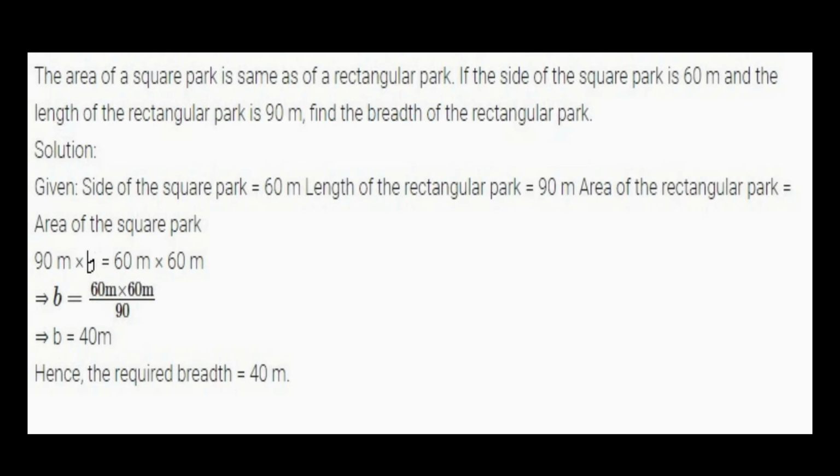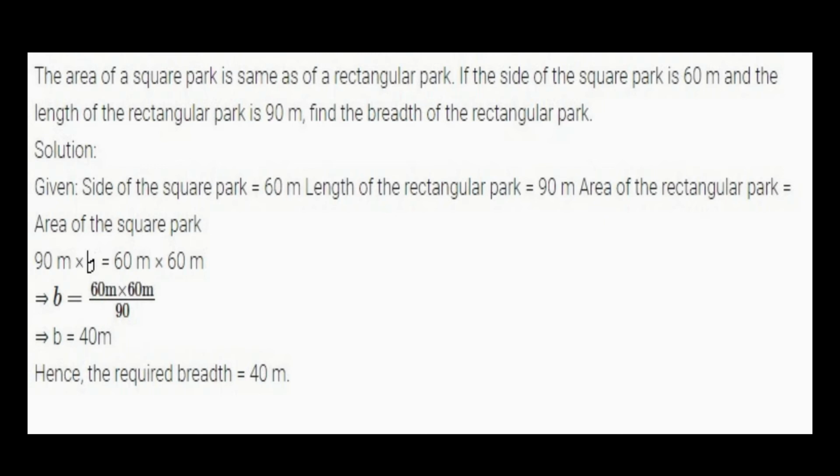So on the right side we can see that the area of the square we have written 60 meter into 60 meter, and on the left side what we have written is the area of the rectangle, because we don't know the value of breadth. That's why we have written the breadth as b, and the length is 90 meter. We have multiplied the length with the breadth.